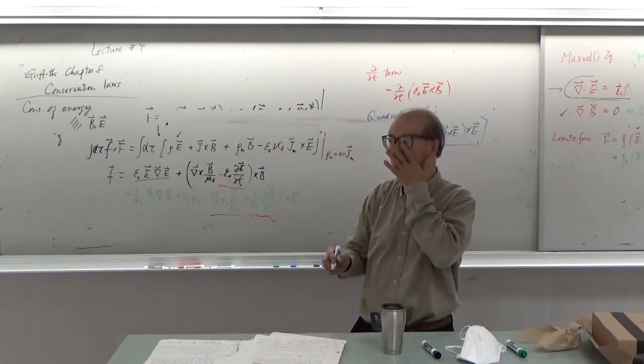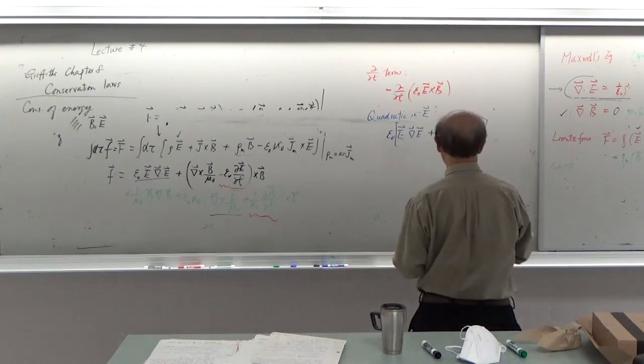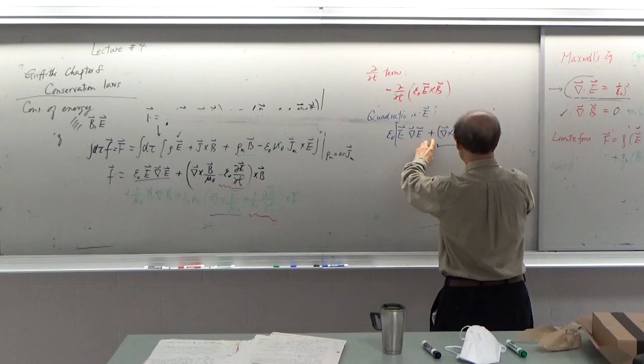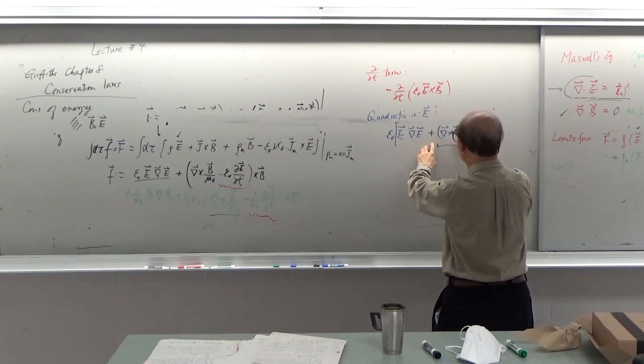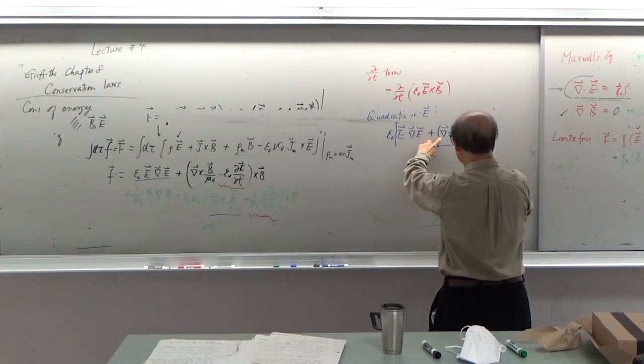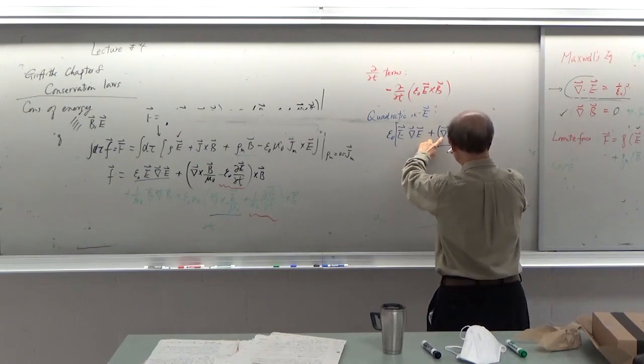The important thing is to work this out. It's a triple cross product. It's complicated. There are two terms. Let me think of this. The gradient acts on one of the E's, say this one, and not on this one. You have to remember this. So there will be a term in this direction. This on the other side is the minus, so the gradient.